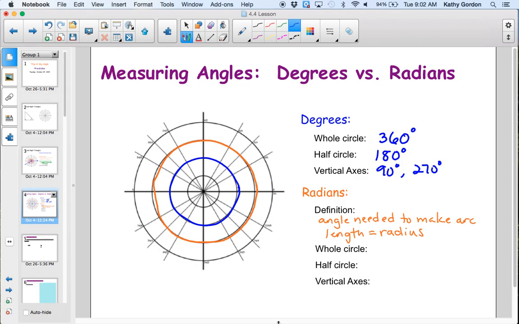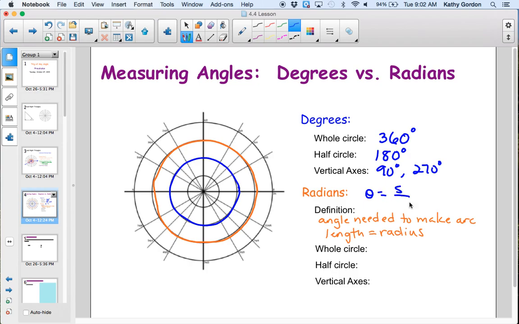Okay? The other thing that's nice then about using radians is that because we're talking about 1 radian being the arc length over the radius, right?